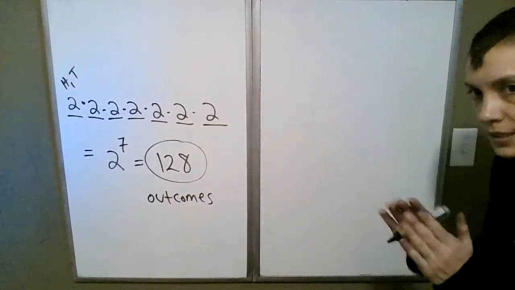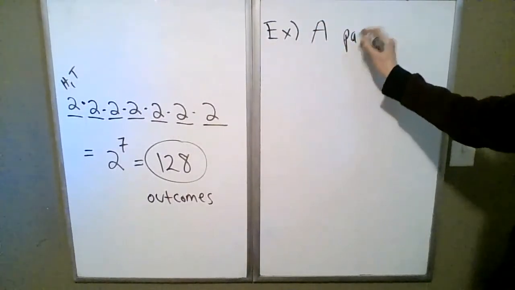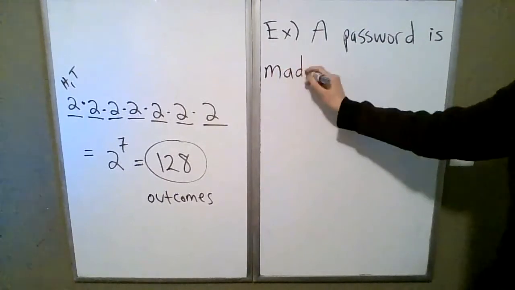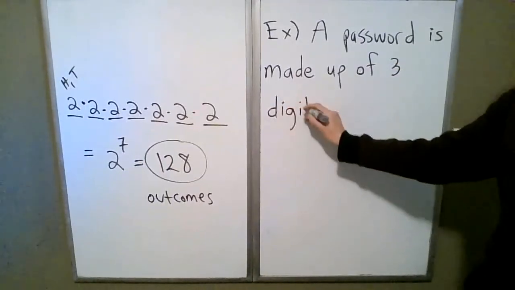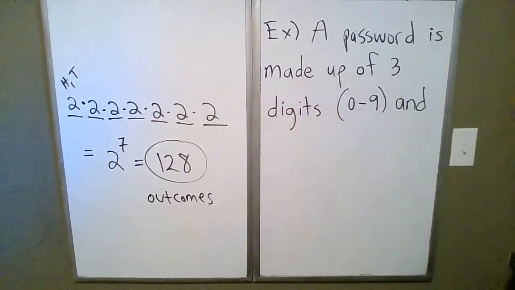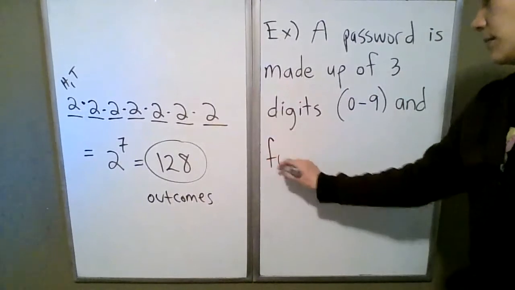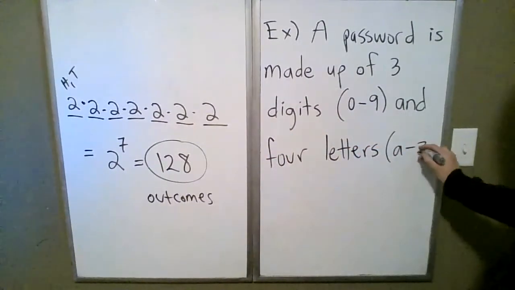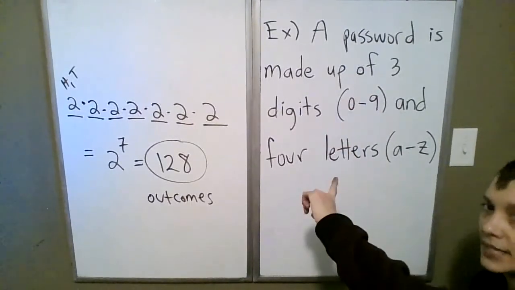A password is made of 3 digits, 0 through 9, and then followed by 4 letters, A to Z. How many passwords are possible if the digits and the letters can be repeated?